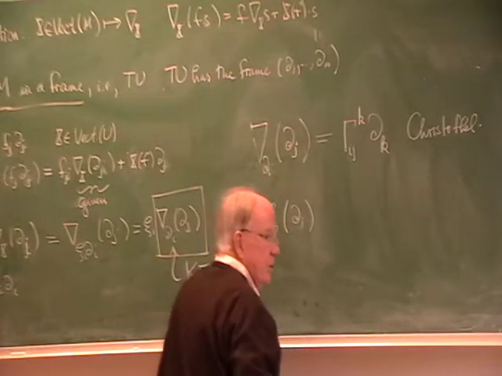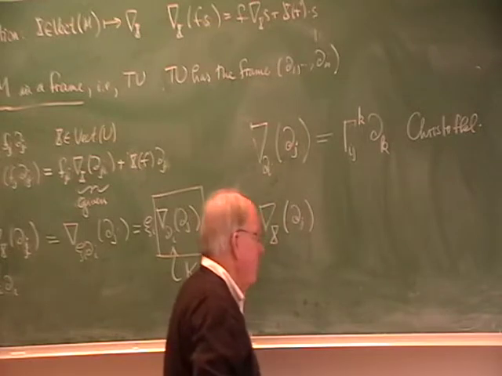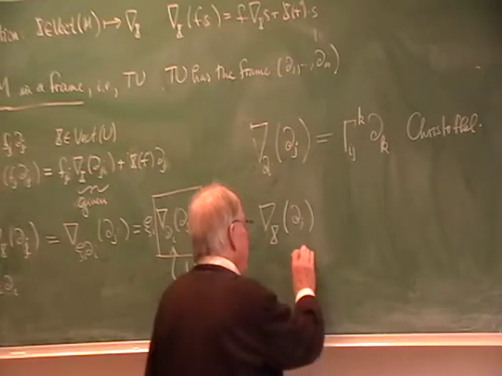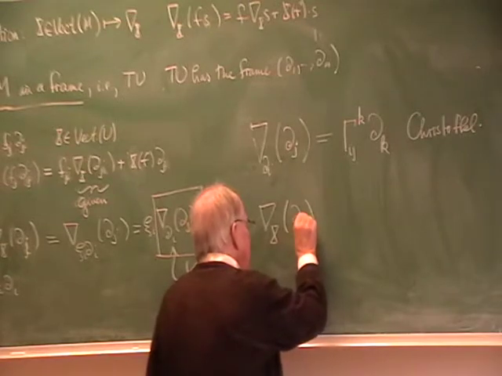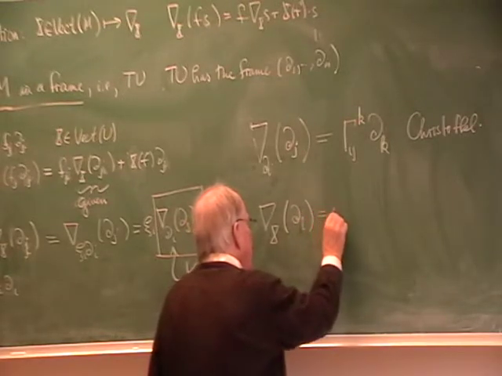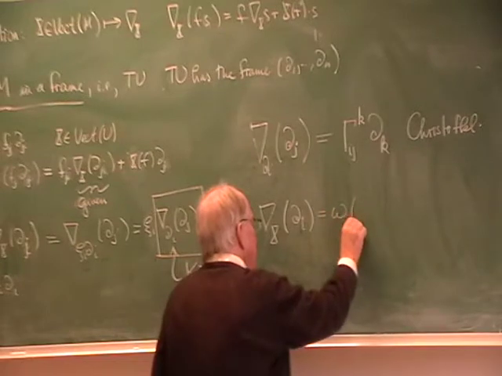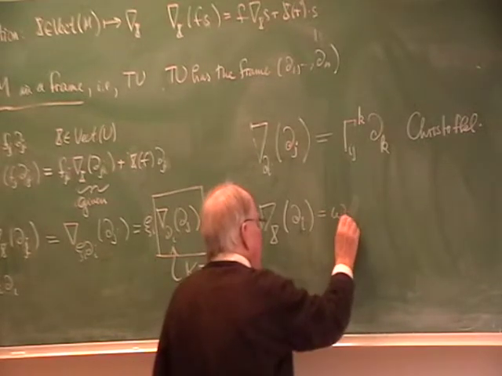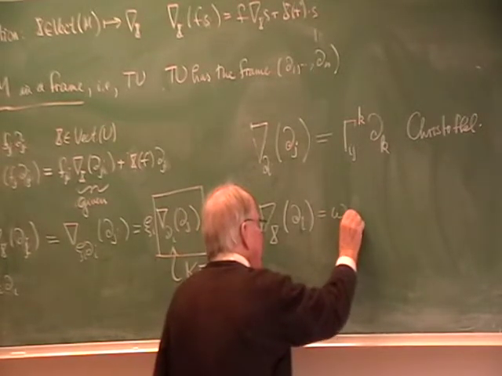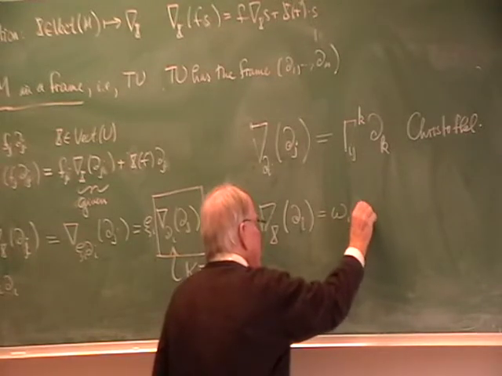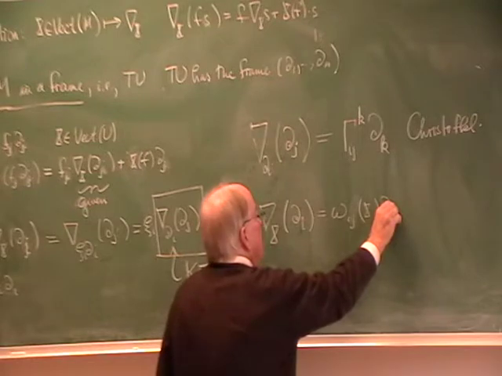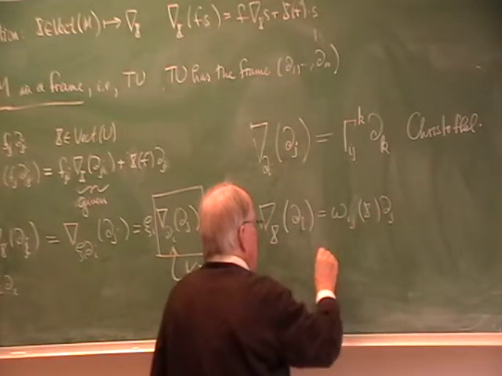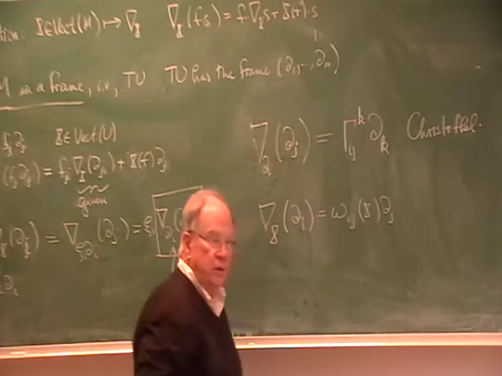And now here I want to be careful. I think I want to follow the notation. I think Chern's notation is nabla of di is omega ij of x dj. So I may have transposed this matrix, I'm not sure.